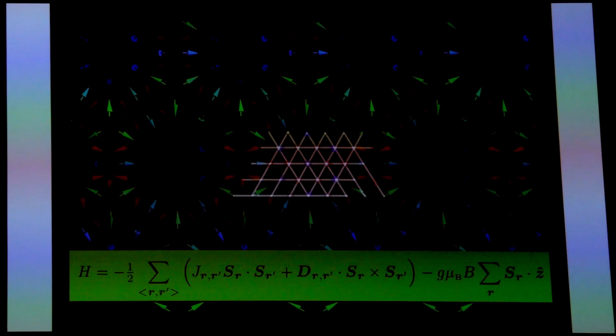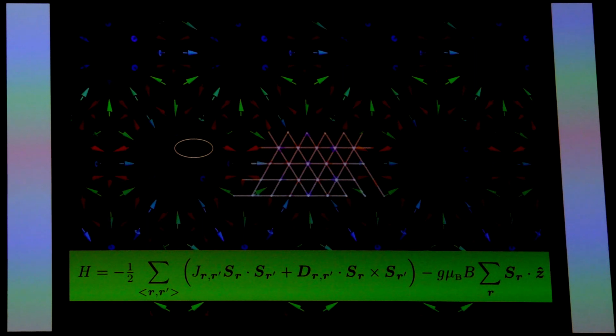The first thing that I want to point out is that those spins are on a triangular lattice. This is a texture which is the classical ground state of the following Hamiltonian. It has just 3 terms from left to right. There's antiferromagnetic exchange interaction, and of course, that favors neighboring spins pointing in opposite directions to each other.